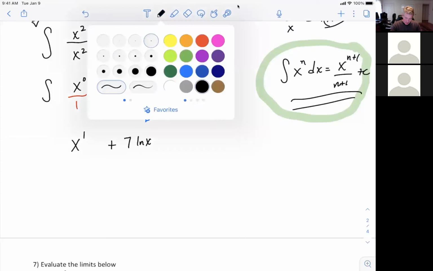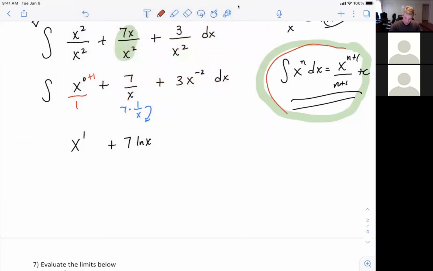And then for the last one, we could use this rule over here because it's not going to cause division by 0. So just add 1. And then its exponent is going to be a -1, so divide by -1.